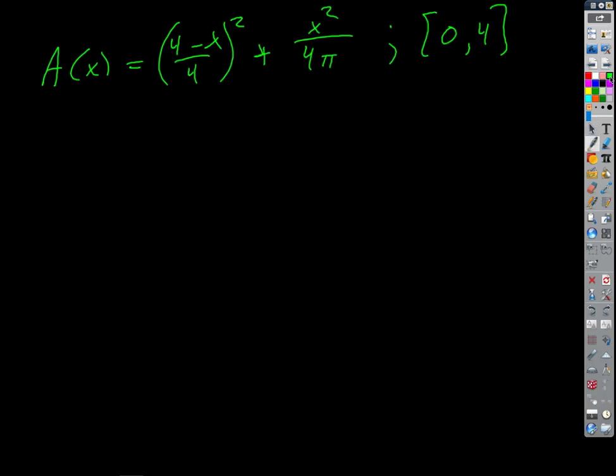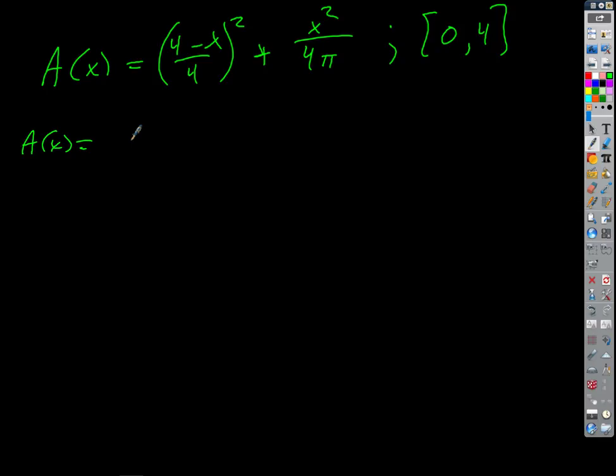Okay, so first things first, what can I do with this? I don't really want to deal with product rule here, or with chain rule. Why don't I just pull out the 1 over 4 squared, which is 1/16, right?